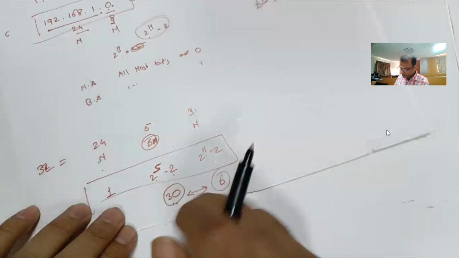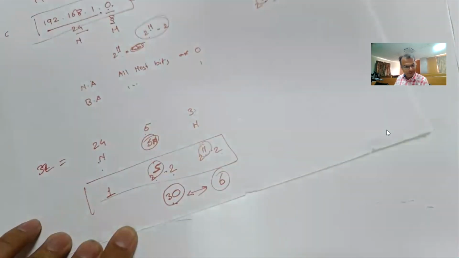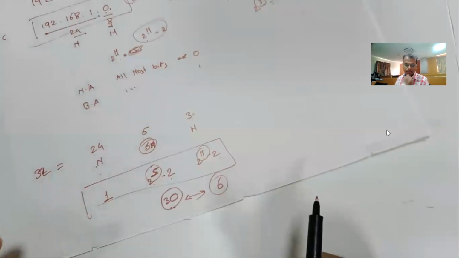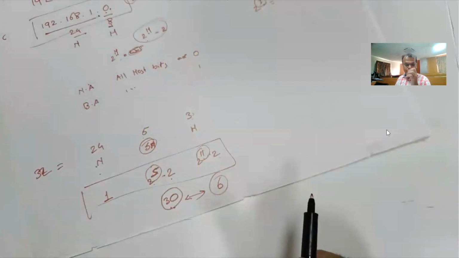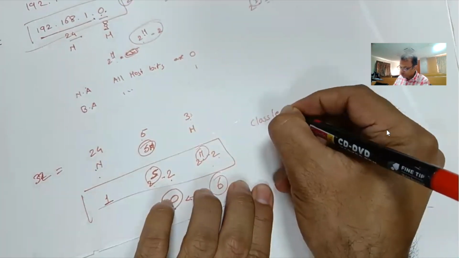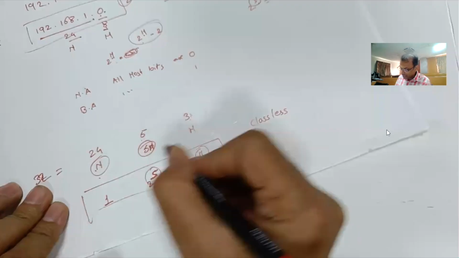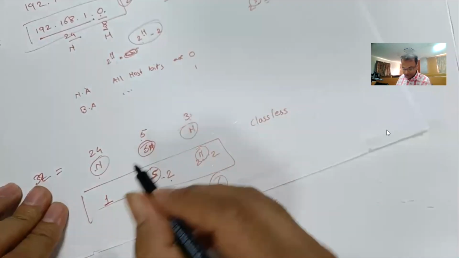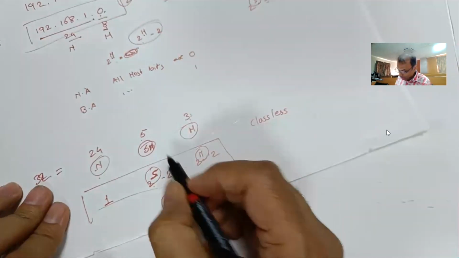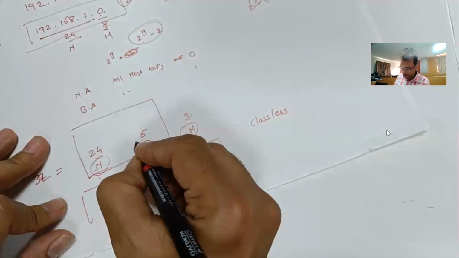You can choose class A, class B, and the number of subnet bits and host bits. Depending on the classes, you can change the number of bits, and that will be a classless scheme, because now you are forgetting about the actual number of network bits and host bits. So the total number of network bits in this scheme is 24 plus 5, that is 29.